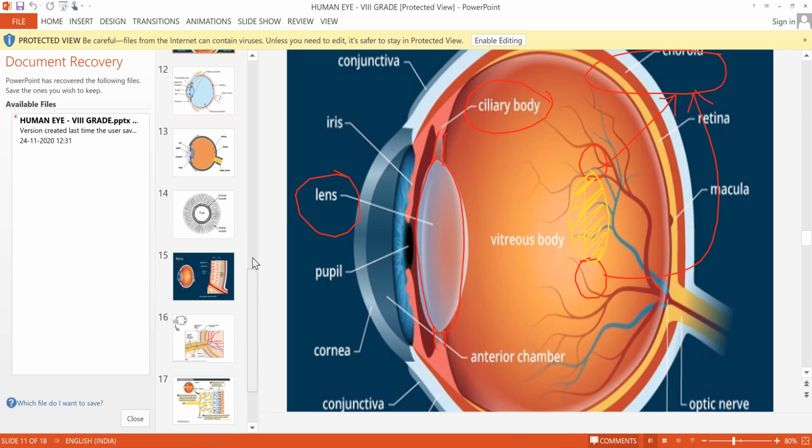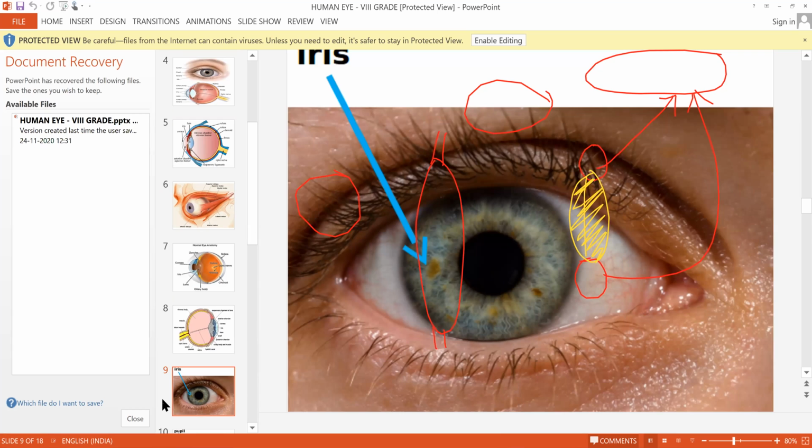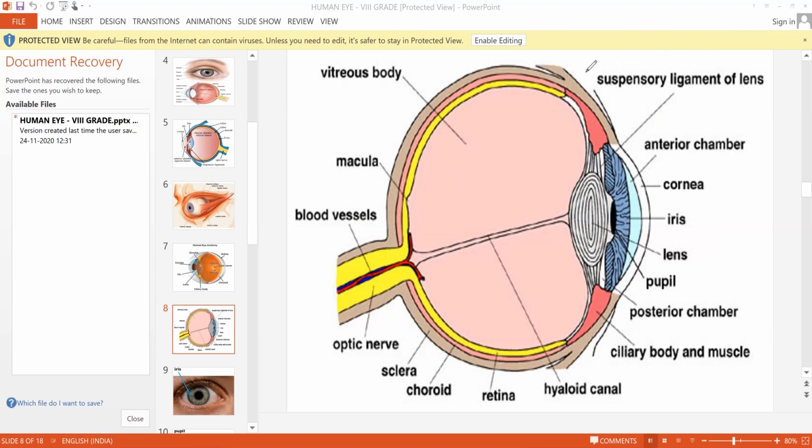Yeah, in this picture you can see what exactly the iris is. You can see the iris here in this picture clearly, and in other pictures also you can see what the iris is.